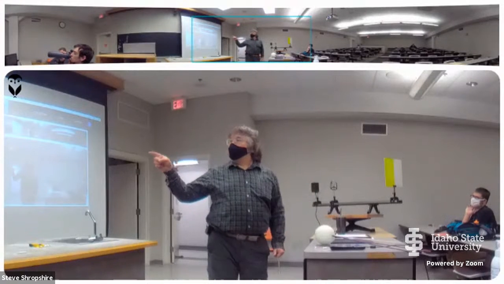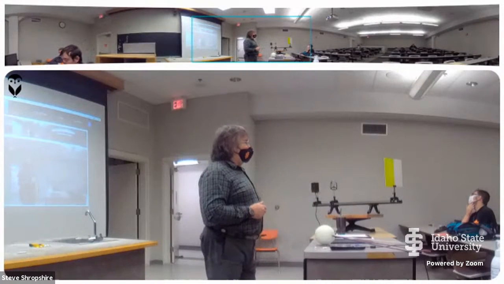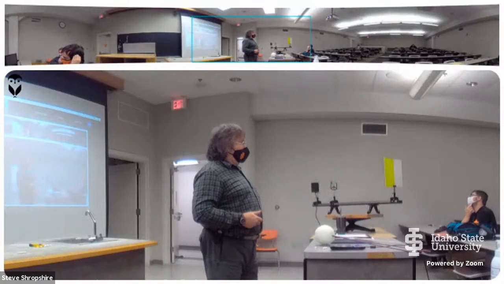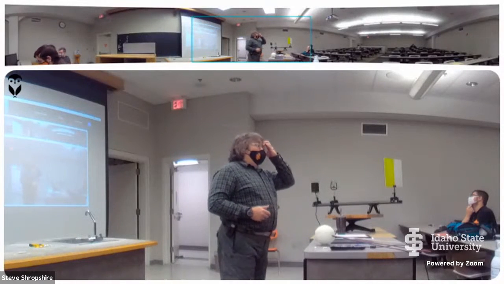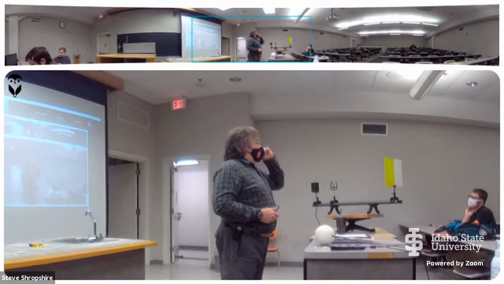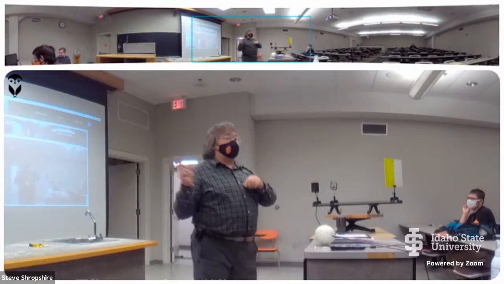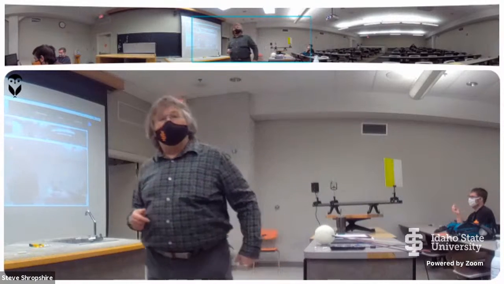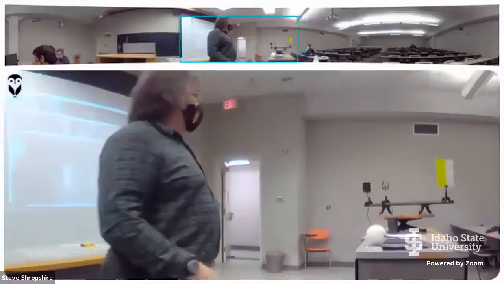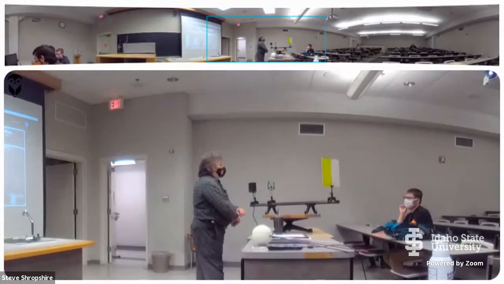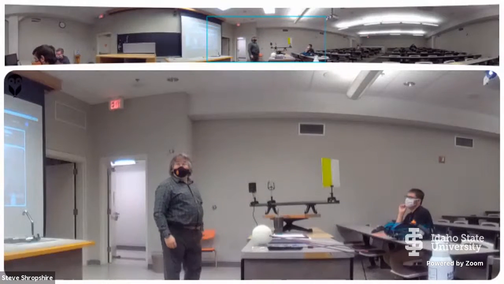So a flat surface like this does not magnify things, but it does make them appear closer. And if you're more cognizant of how far away it really should be, you can be fooled into thinking that it is bigger. But surfaces like this do not magnify things. They just change where they appear to be.